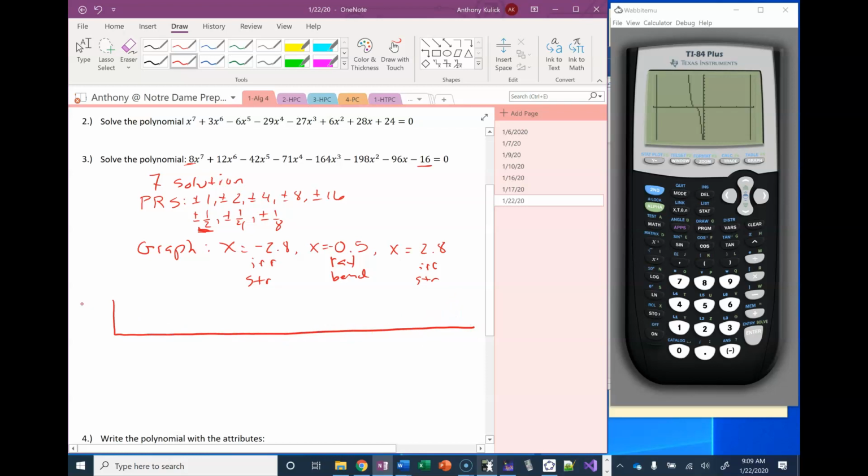So I'm going to start my synthetic division, and I need to start it with the rational ones. So I have to use the negative 0.5 because that's the only rational solution. So for bends, how many times can bends be used? It's an odd number greater than or equal to 3. So it could be used at least 3 times, right?